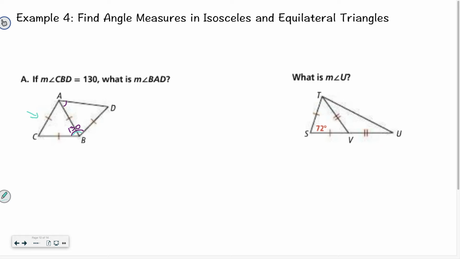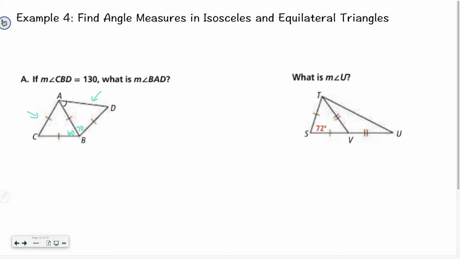I have an equilateral triangle here, an isosceles triangle here. So I know that this has to be 60 because it's part of the equilateral triangle. So 60 plus what gives me 130? 60 plus 70. So that angle is 70.